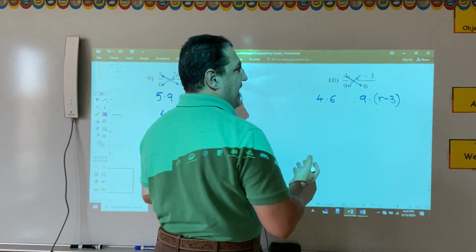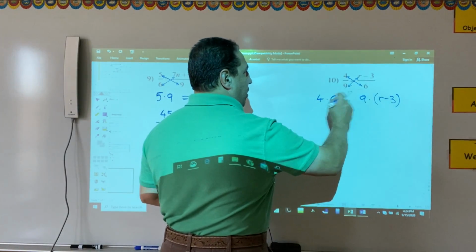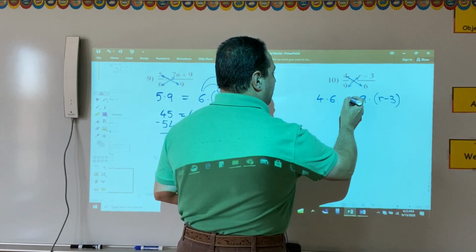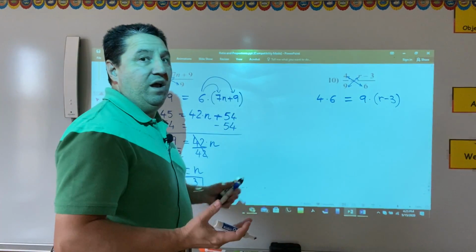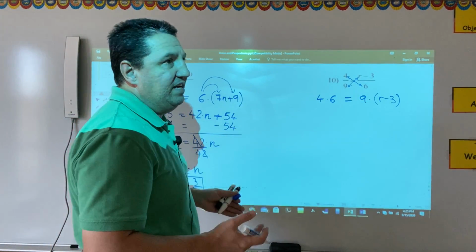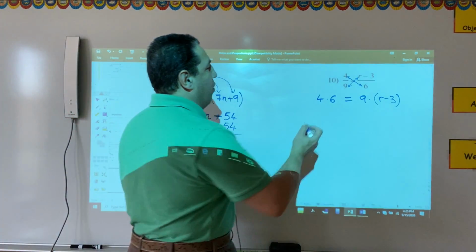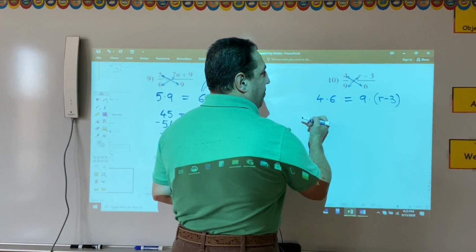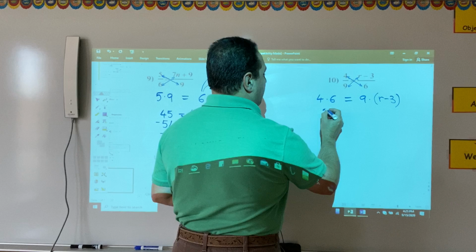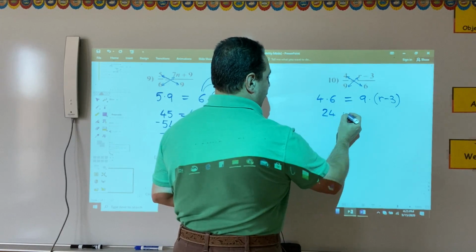Good. What's next? We make these two cross products equal. And then we simplify both sides and solve for r. So, first, we find the product of 4 and 6, which is 24.